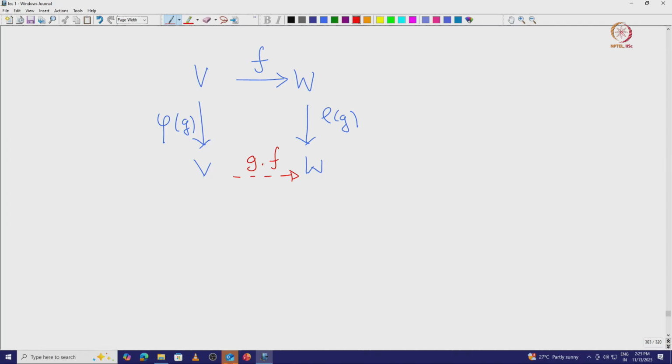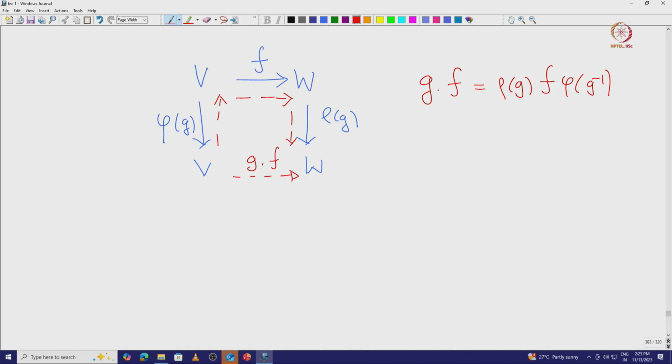From this diagram it is clear what the map should be. We take phi g inverse, compose with f, and then compose with rho g. That is going to define a map for us, and that is the map we take as g·f. So g·f is the composition of rho g with f and phi of g inverse.